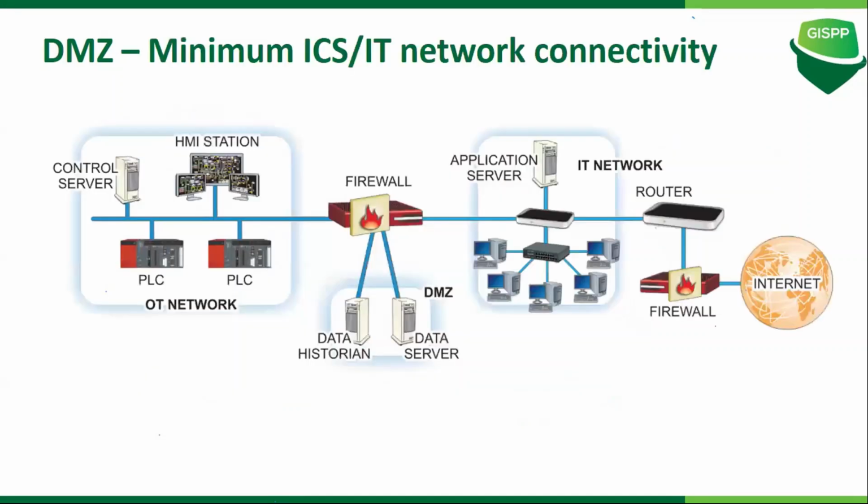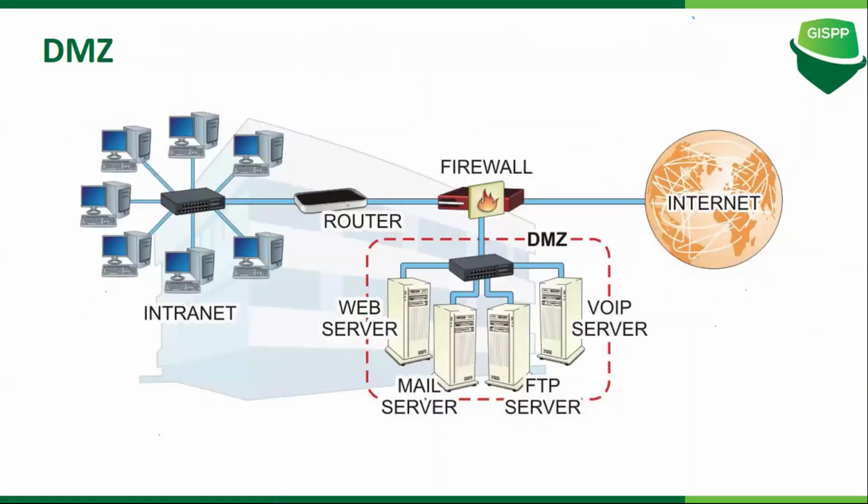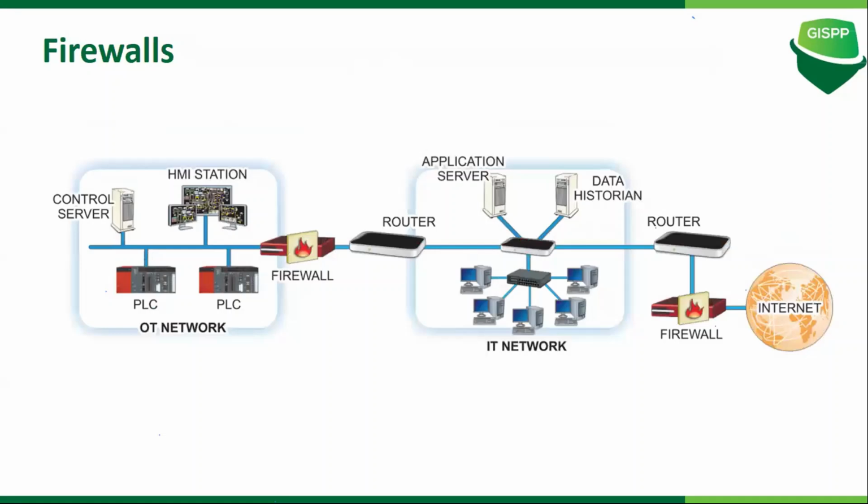Now we are bringing that DMZ into the normal IT/OT environment as well. So from IT, if we have to go to OT, we have created what you can call a DMZ. Here you have seen the data historian was sitting inside the IT network.